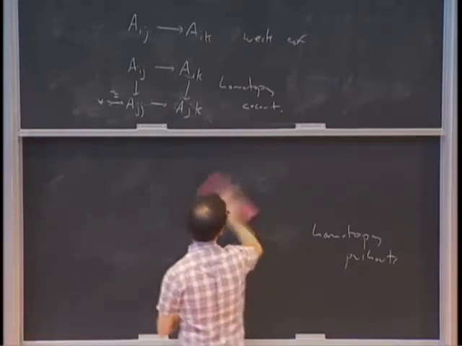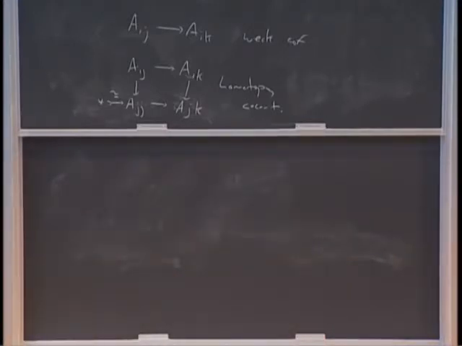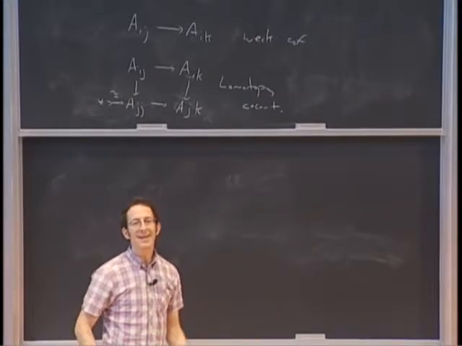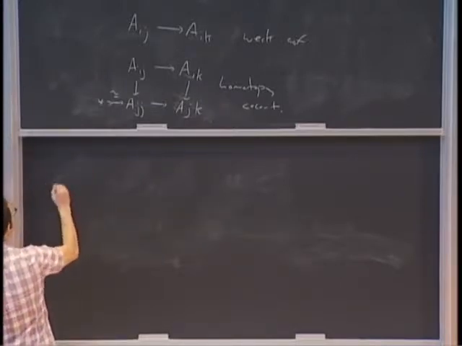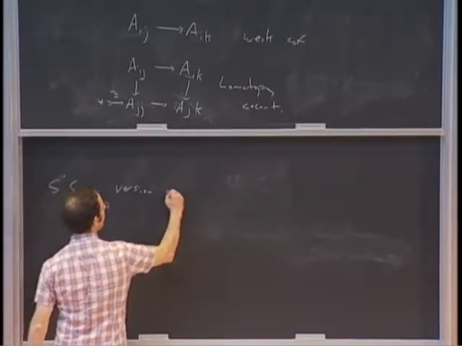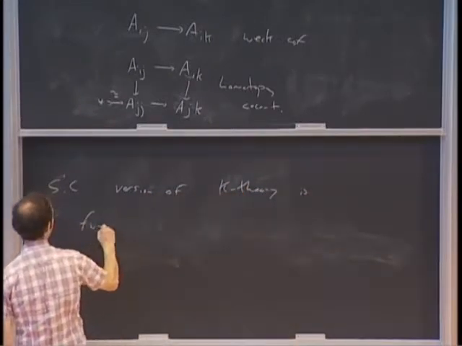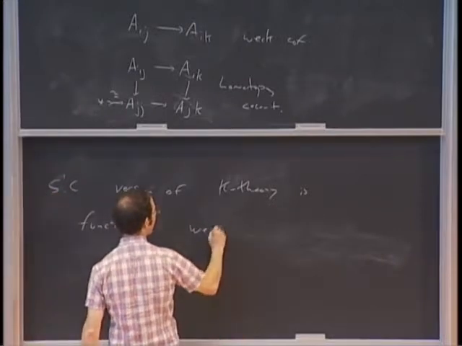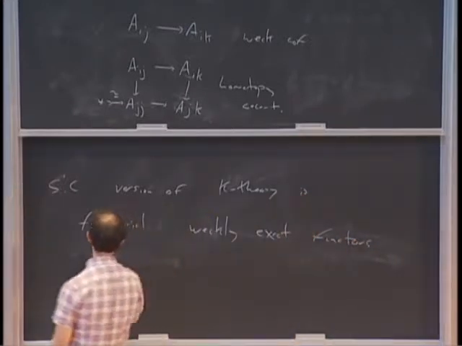And what's good about this, and the reason that I'm telling this part of the story in this way, is this makes it evident what the right functoriality is for algebraic K-theory. Algebraic K-theory is functorial in functors that preserve the structure of a Waldhausen category. But in this particular case, what that means is that the S prime dot of C version of K-theory, which is equivalent to the usual one, is functorial in what you might call weakly exact functors, which means these are homotopical functors.